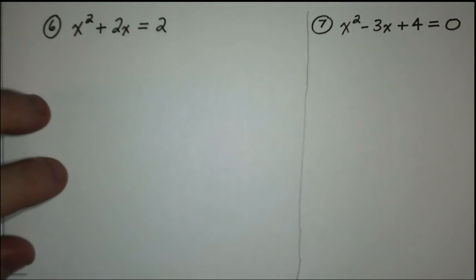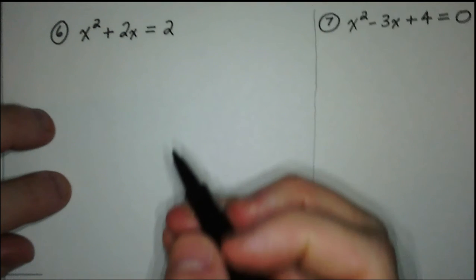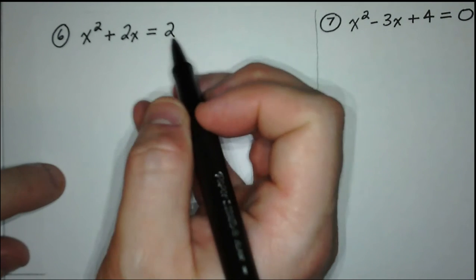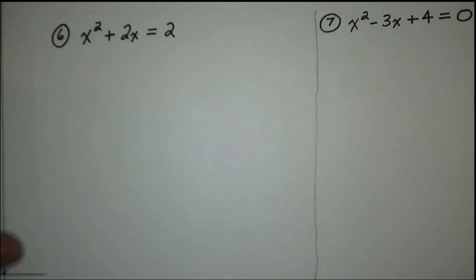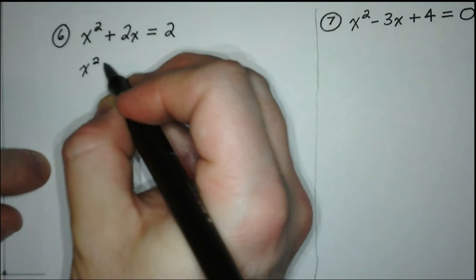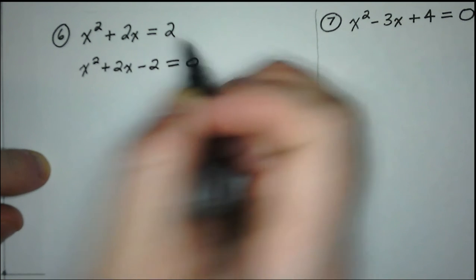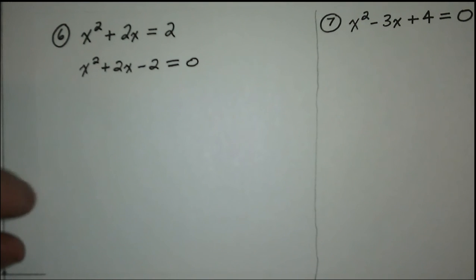Couple more. Bear with me, please, here, gang. Number 6, write that down. X squared plus 2x equals 2. Well, what's the first thing we got to do? We have to make sure that first it's equal to 0.